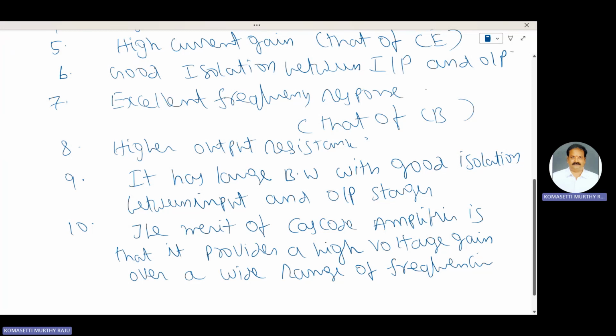These are some important features of the cascode amplifier configuration.